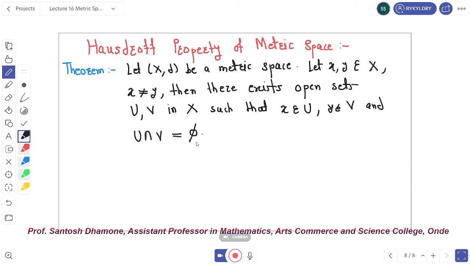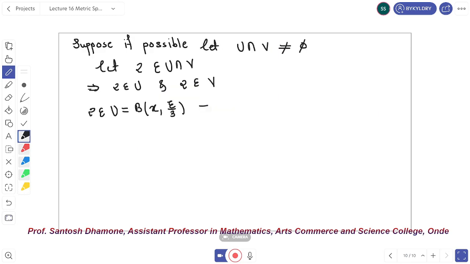Let z belong to U intersection V. This implies that z belongs to U and z belongs to V. Z is a point of U and V. Since z belongs to U, the open ball about x with radius r by 3, the distance between x and z is less than r by 3.